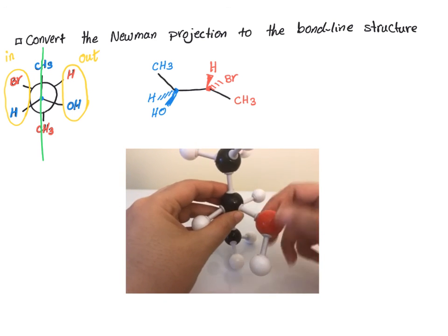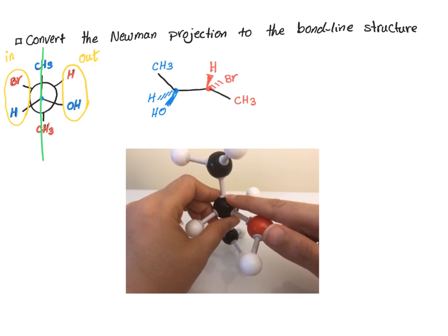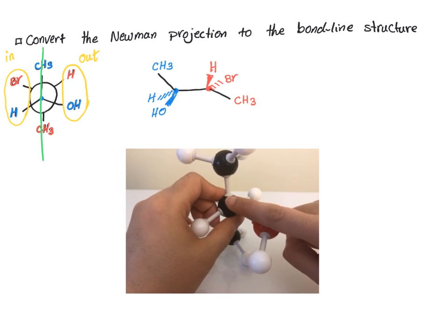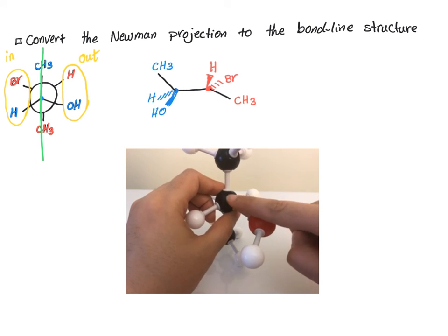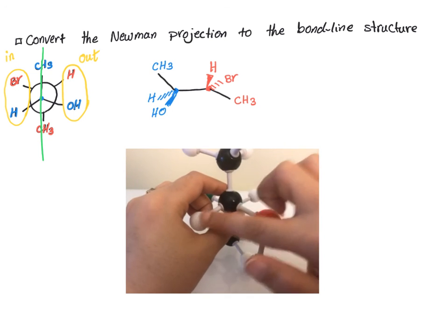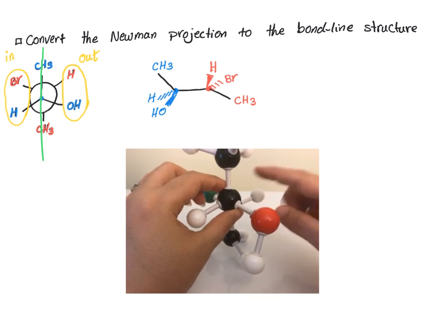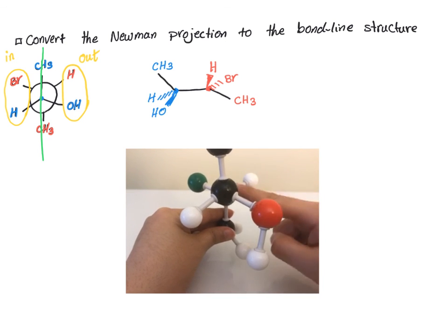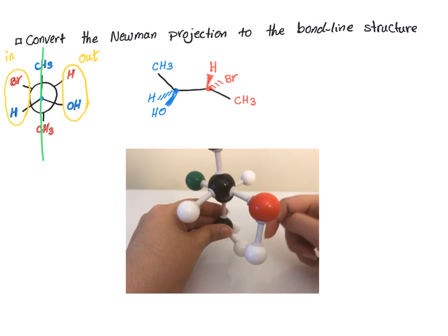If you look through the model, through these two carbons, that one is my blue carbon, which has a methyl group attached, going upward, an OH group attached, going to the side, and the hydrogen attached, going to the left and to the side. And to the back carbon, I have hydrogen attached, bromine attached, and one methyl group attached, which is coming down.